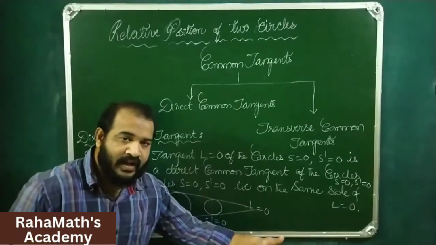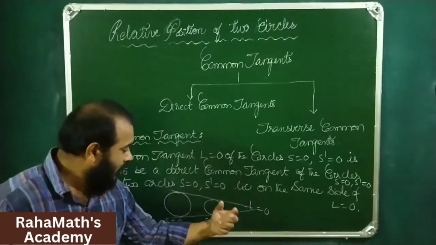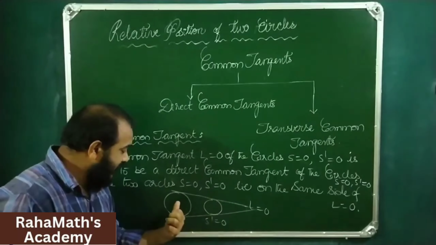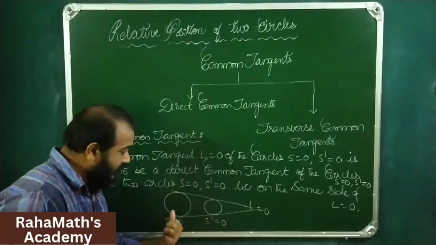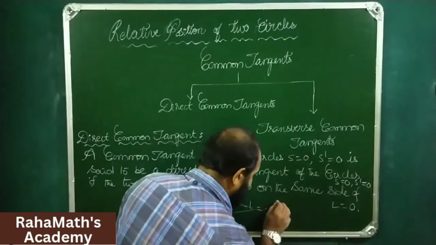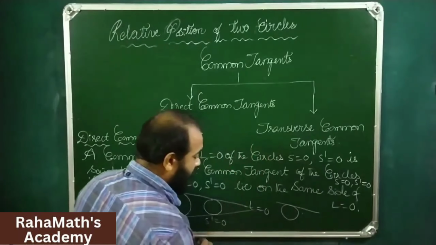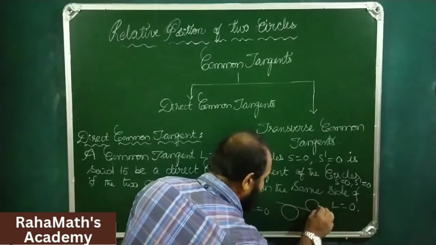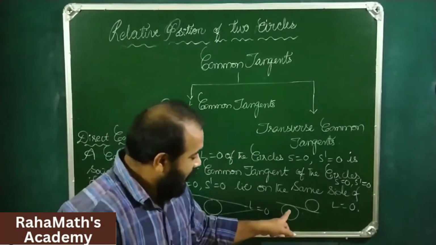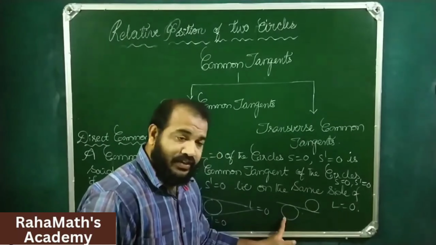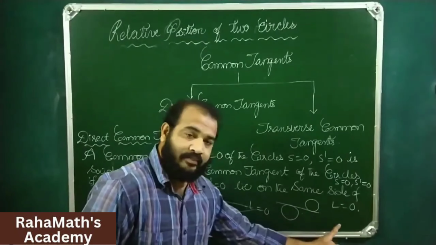For this line, for example, one circle lies on one side and another circle lies like this. So these two circles lie on the opposite sides of the line.